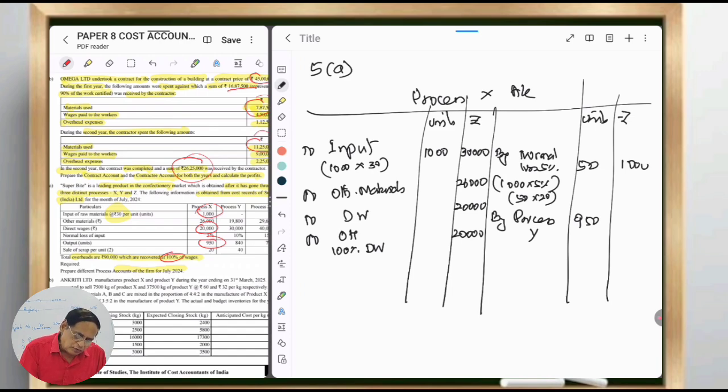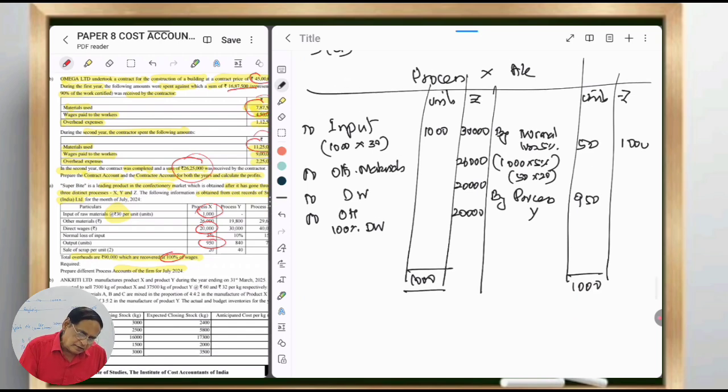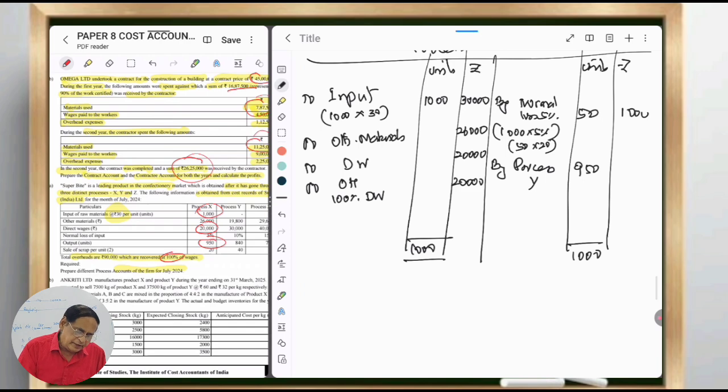Now we find out what is the cost of process Y. First we balance the number of units, 1000, so it is tallied, 50 plus 950, 1000. So what is the cost of process Y?